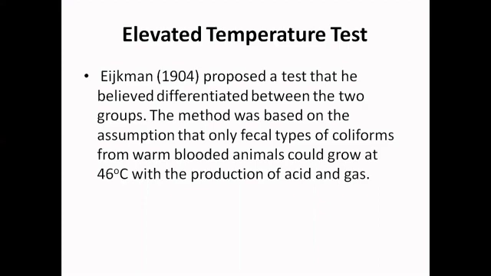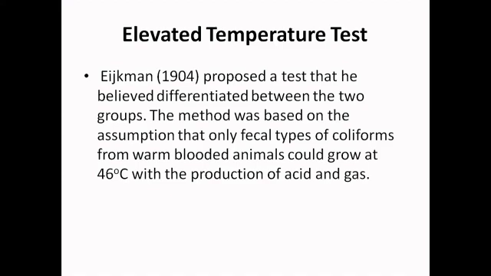A loop of culture suspected as coliform is inoculated in 0.3% lactose tryptose broth buffered at pH 7.4 and containing an inverted Durham's tube.